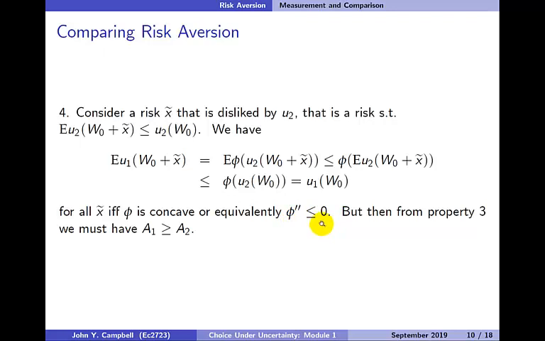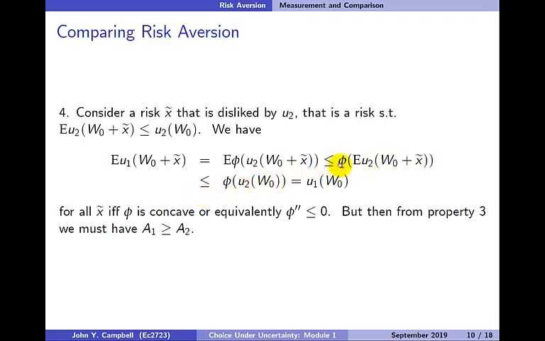So let's take a look in here. The expected utility of w plus x for person 1 is the expectation of phi of u2 of w0 plus x. That's true from the definition of phi. And we want that to be less than or equal to phi of E of u2, which in turn is less than phi of u2.